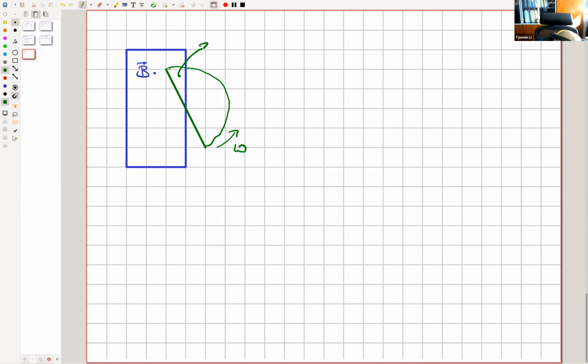So this angle is simply omega t. And then, just for convenience, we can make this distance here a. And then we may ask, what is the result in this setup? I'm setting this thing to spin.